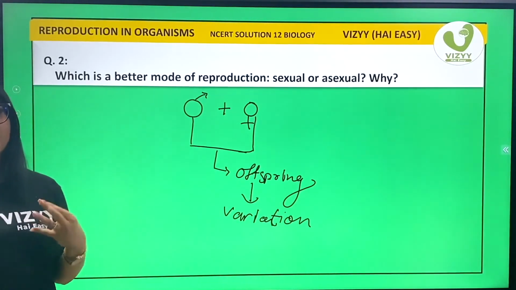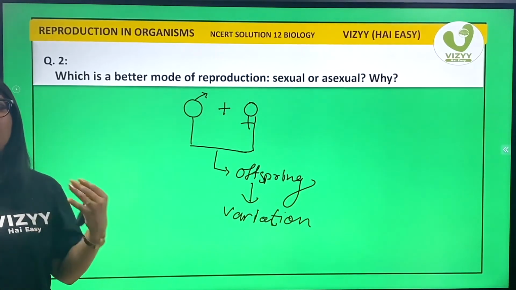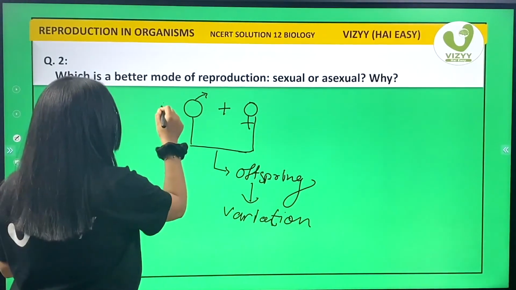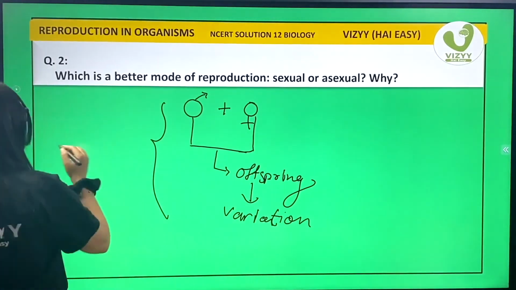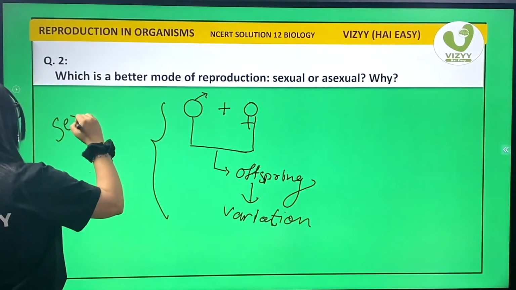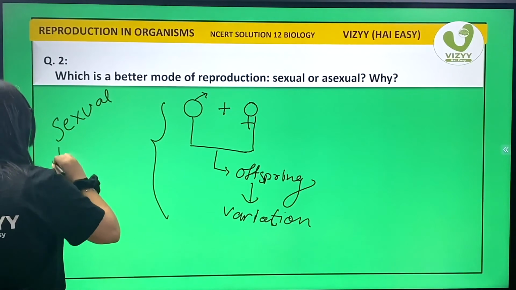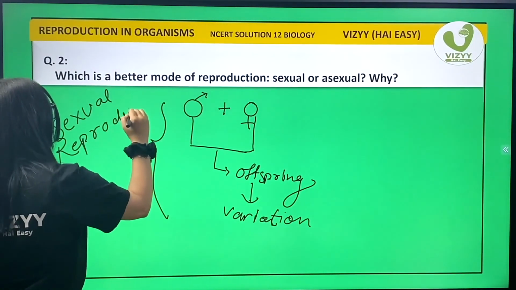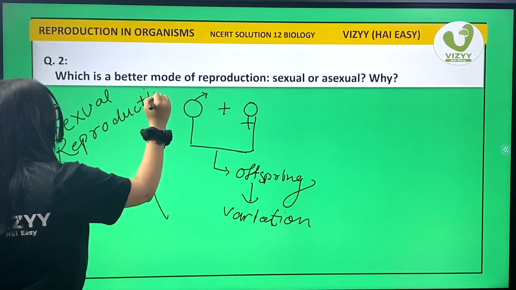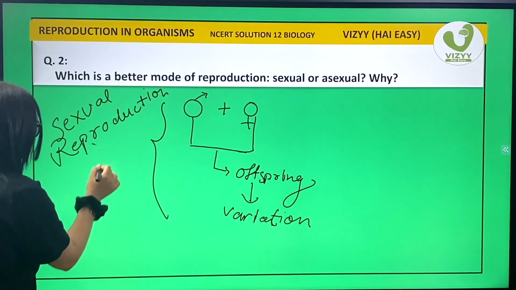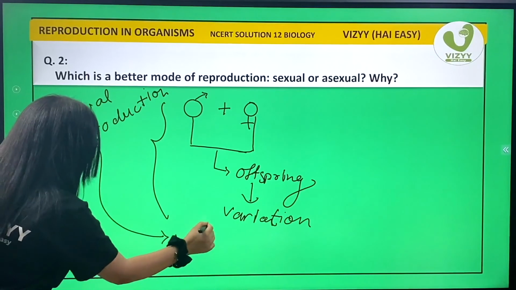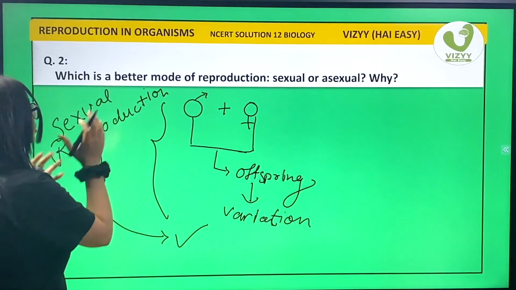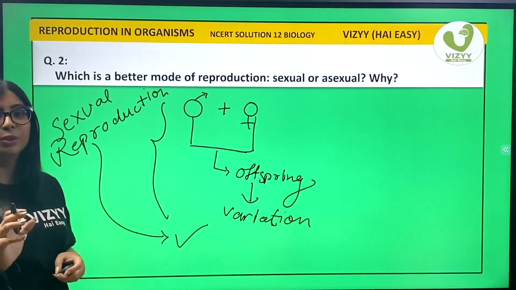So it survives in unfavorable conditions, and thus sexual reproduction is always better. Okay, that's it. This is your answer too, and let's go further.